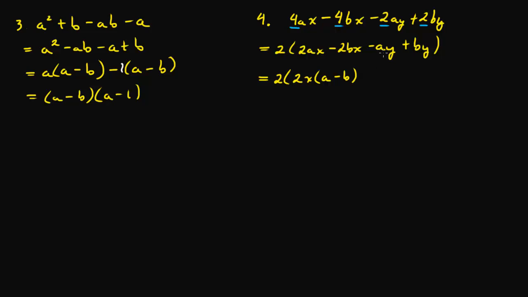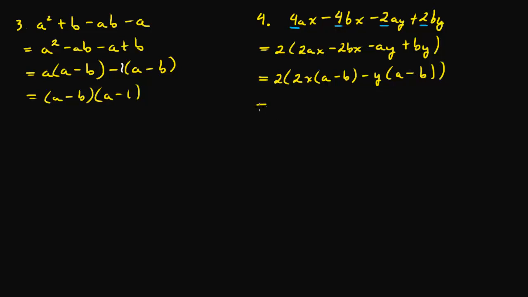Our last 2 terms have a common factor of y, and since this term has a negative coefficient, I'm just going to factor out negative y. So I have negative y times a minus b, because when you divide negative ay by negative y, you're left with a, and when you divide positive by by negative y, you're left with negative b.